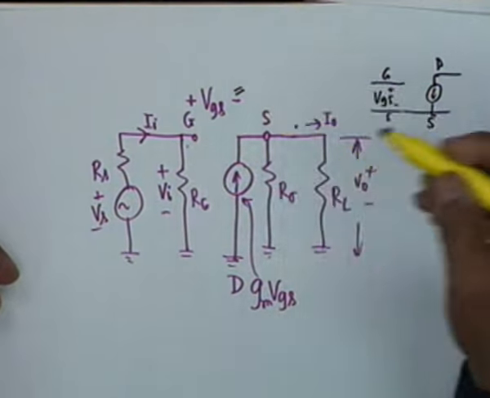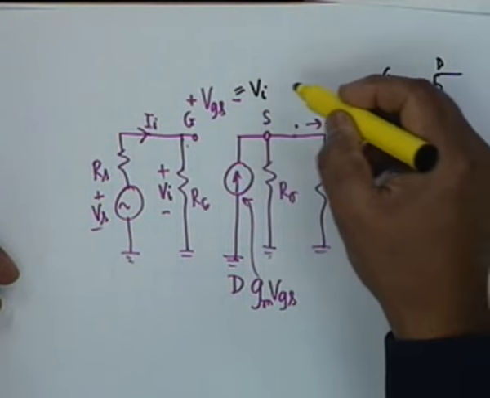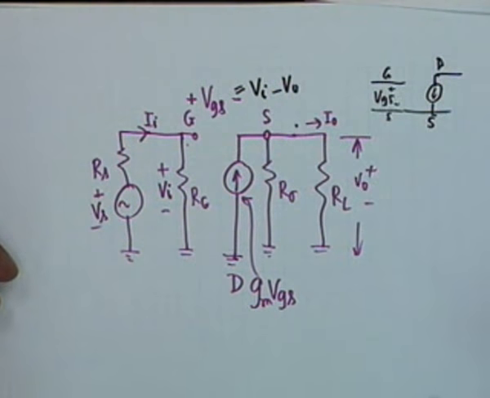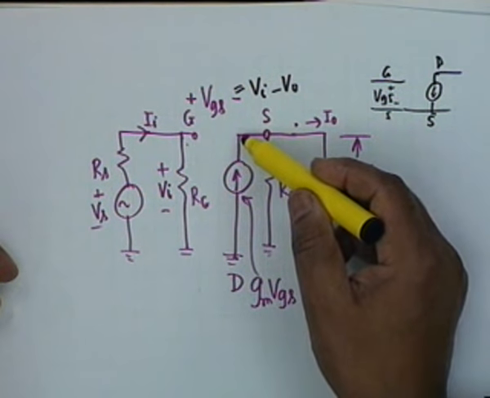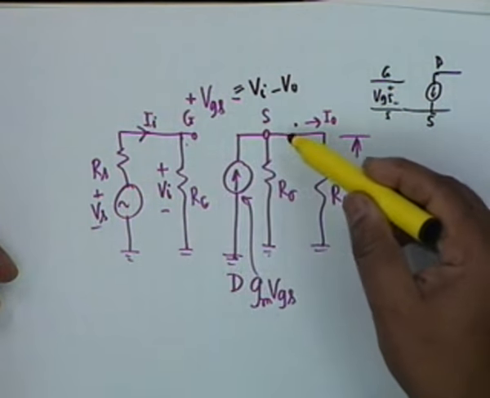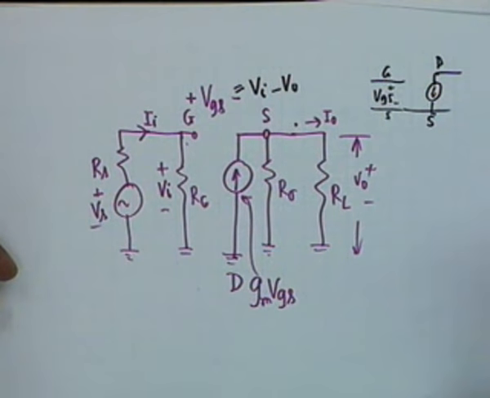You also notice that VGS is nothing but VI minus V0, isn't that right? VGS is VG minus VS, VG is VI, and VS is simply equal to V0.